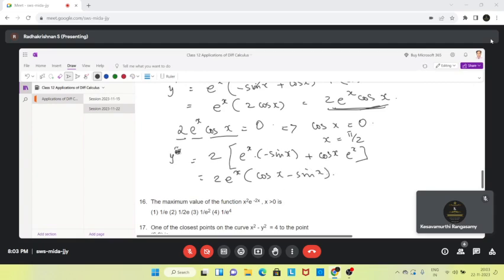So what is the value of the third derivative when x equal to pi by 2? Put x equal to pi by 2.